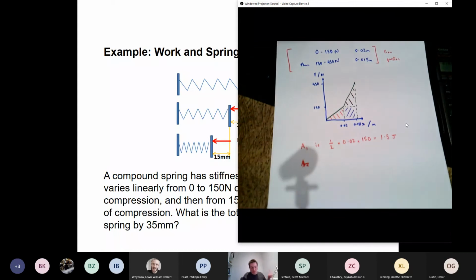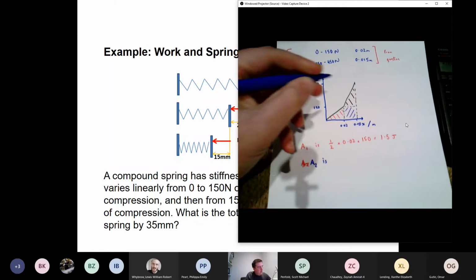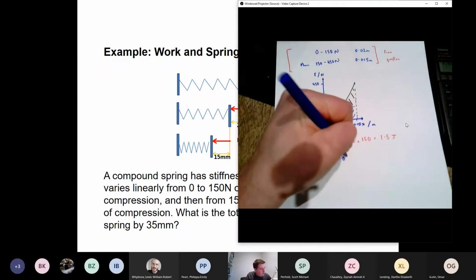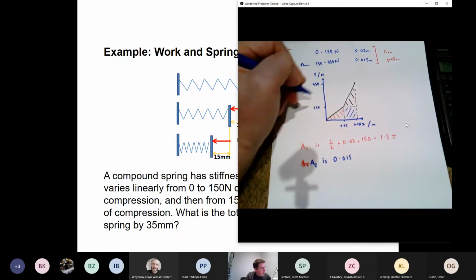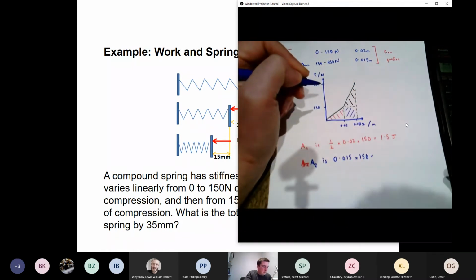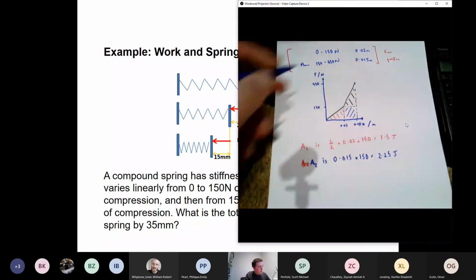A2, I was going to color code this, so I will. A2 is a rectangle, a square, so 0.015, that's the base, multiplied by 150, which is 2.25 joules.